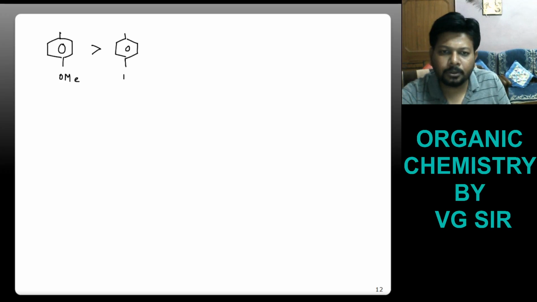So what is the order? The order is that electron-rich species have more migratory aptitude. So if there is an OMe group at the para position, it will show more migratory aptitude.